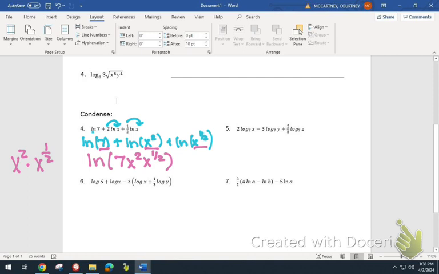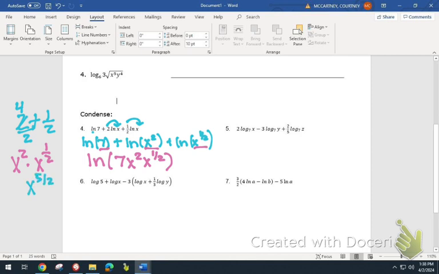What do you do with the powers? You add 2 plus 1/2 with the exponents. So this is 2 with a denominator of 2 is 4 over 2. 4 plus 1 is, so this becomes x to the 5/2.